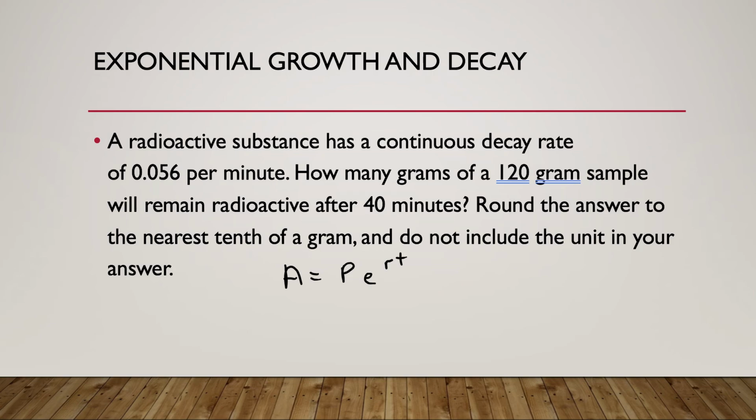We know that our initial value, what we started with, was 120 grams, so that's going to go in for the P. I know that the rate it's decaying at is 0.056, so that's going to go in for the R. And again, it is a decay rate, so it's going to be negative.